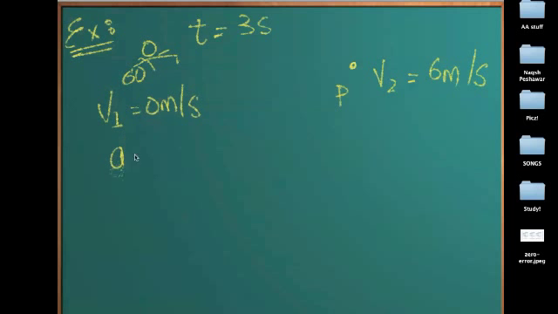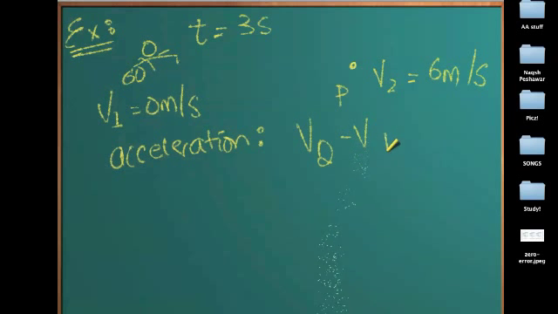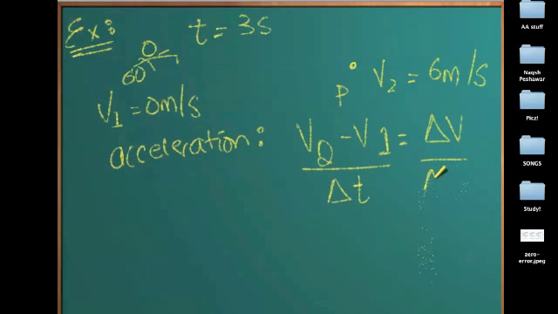So now let's find out the acceleration. So the formula for acceleration is final velocity, or v2, minus v1, which we call change in velocity, divided by delta time, which is delta t here.